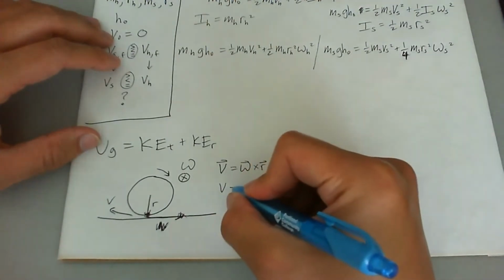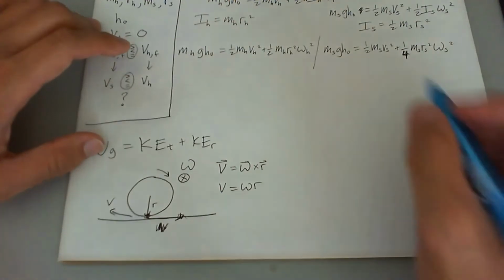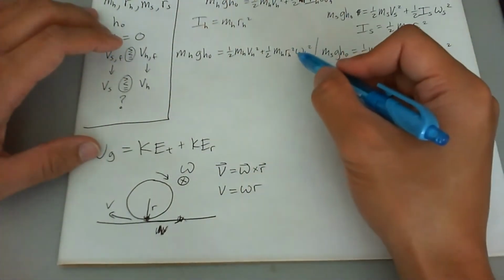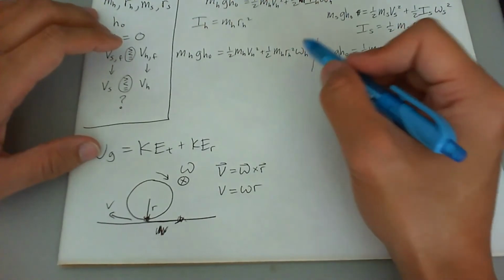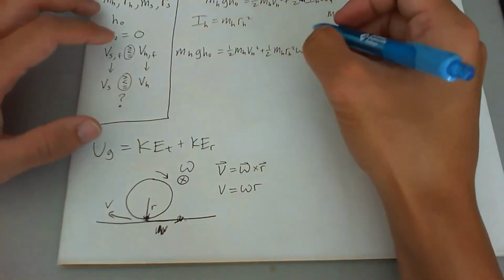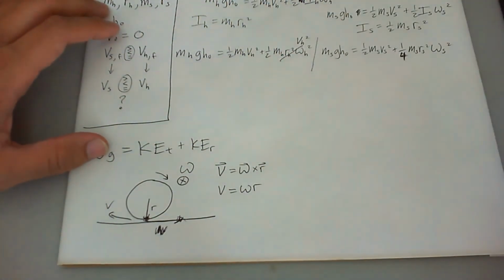So you can simply say that V is equal to omega R. Using that, omega squared R squared, or omega R quantity squared, will just equal V squared. So we're going to cross this off and call that VH squared.